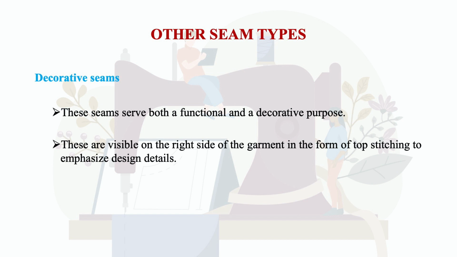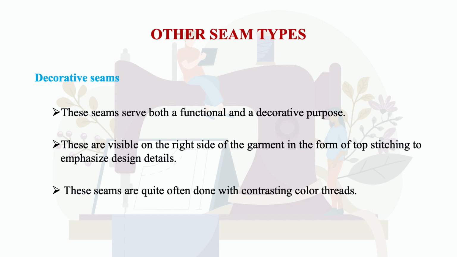These are visible on the right side of the garment in the form of top stitch to emphasize design details. These seams are quite often done with contrasting colored threads. We will discuss these stitches in the next session, and these seams are basically related to the different decorative stitches we use, generally done with a contrast color.